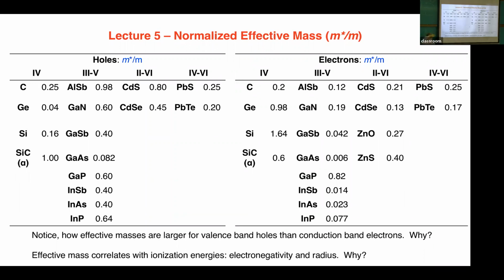As you go down the main group, the electrons get further from the nucleus. The nuclear charges don't interact as strongly with those electrons, and they're more easily ionized. So the result is that the electron is much lighter as you go to larger radius elements.